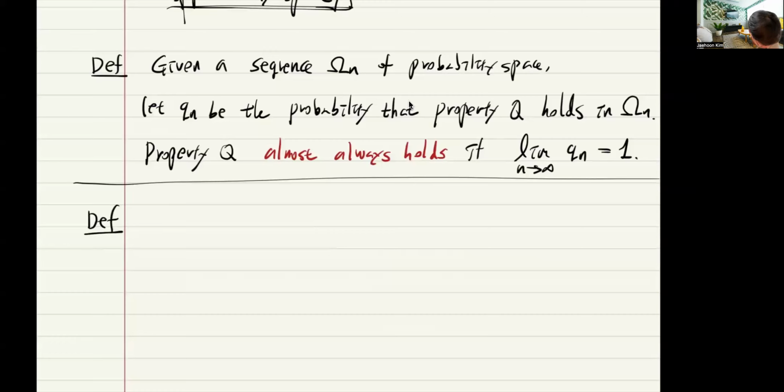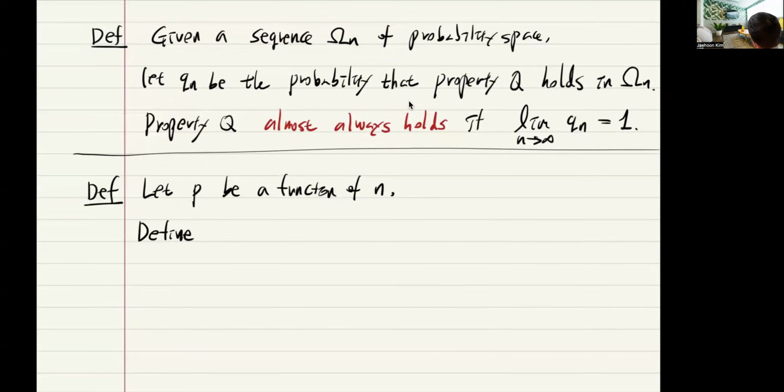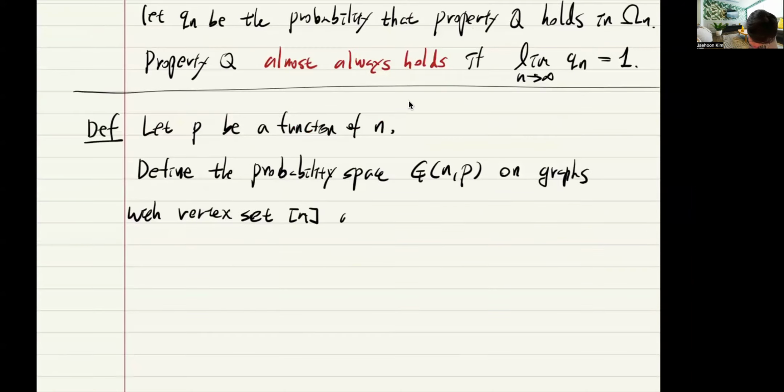So with this definition, now we can define our probability space. Let p be a function of n. And we define the probability space, which we write as G(n,p), on graphs with vertex set [n], as follows.